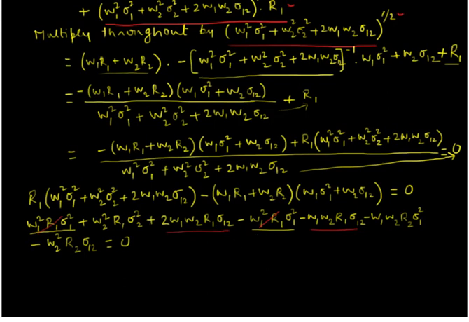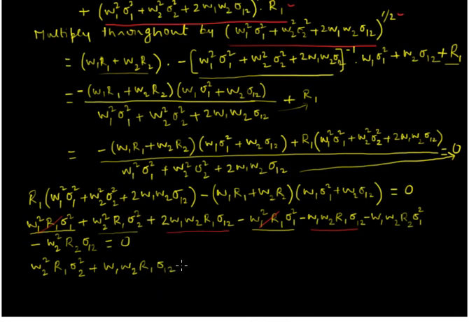So let us see what we are going to be left with. We have this term. Let's write that W2 squared times R1 times variance of 2 plus this minus this is going to give us only one such term, W1 times W2 times R1 times covariance between 1 and 2.